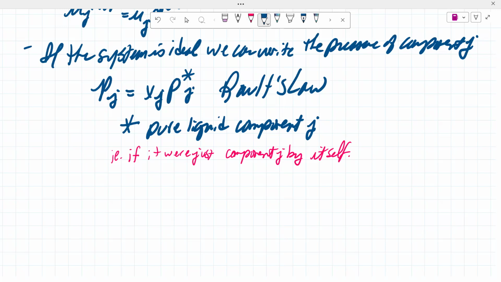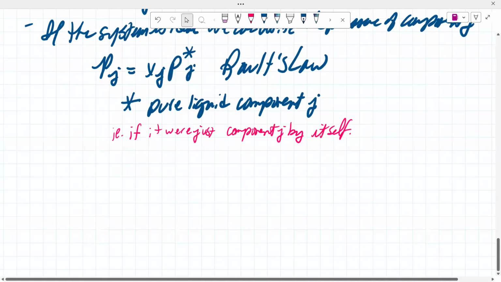Of course things might interact. We're assuming they don't. The star is when it's the part if it were just by itself.